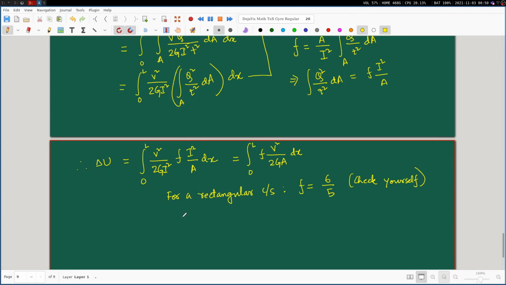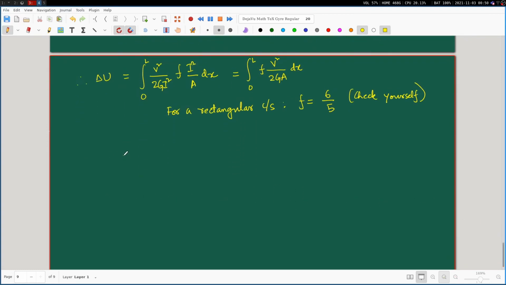So we have finished axial load, bending moment, transverse shear. Next, torsion. Again, we have to relate the change in the strain energy using the expression involving the shear, because that is what is associated with torsion.